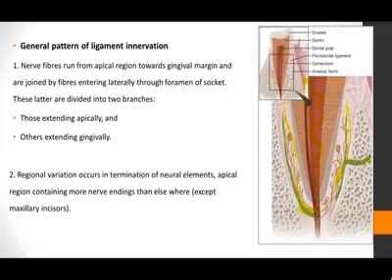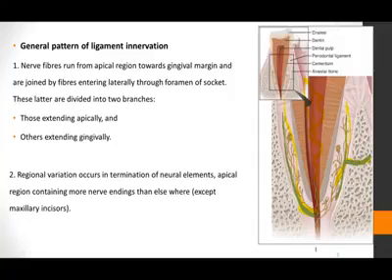Then these nerve fibers basically have regional variations. They terminate within the PDL in relation to the neural elements. Apical region contains more nerve endings than elsewhere.